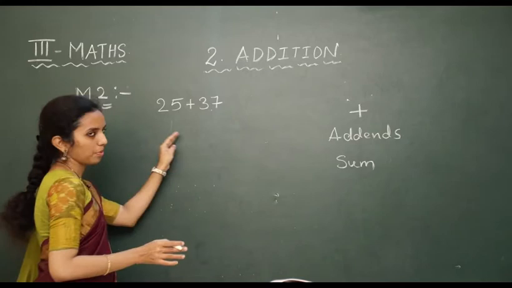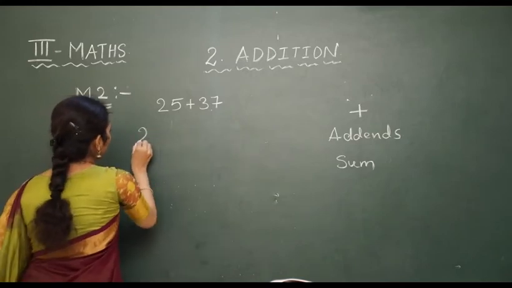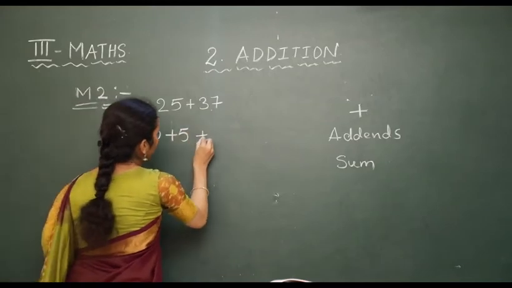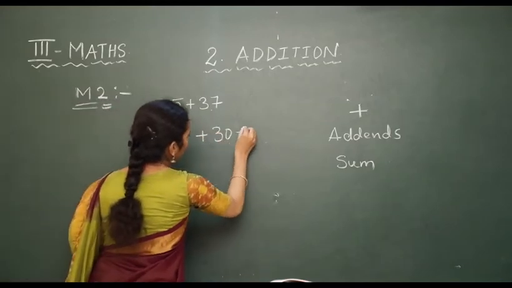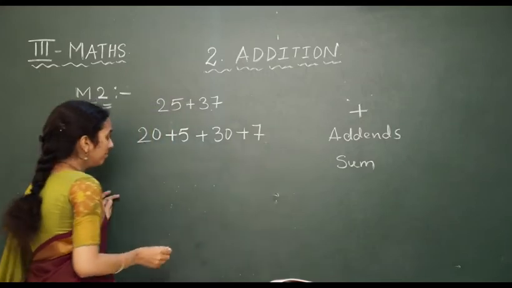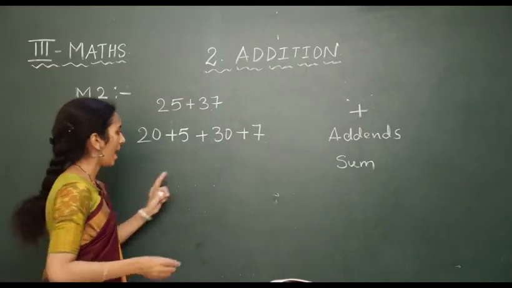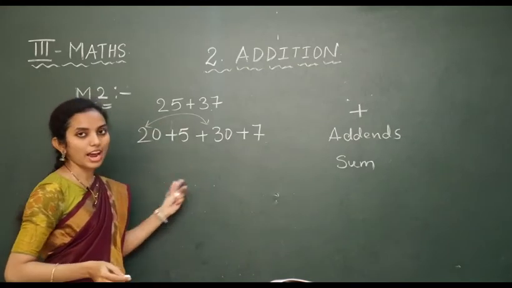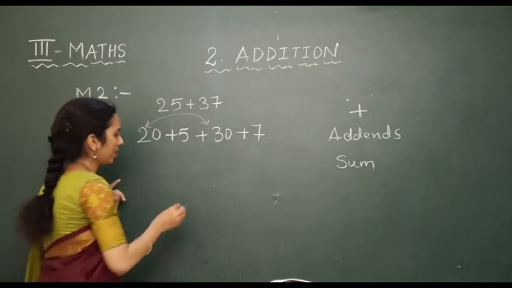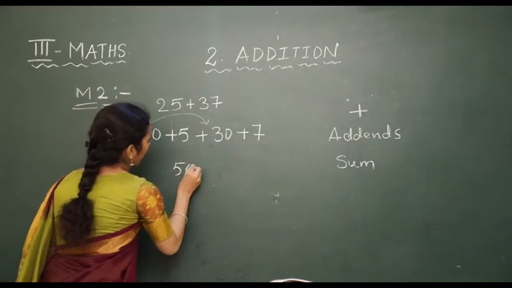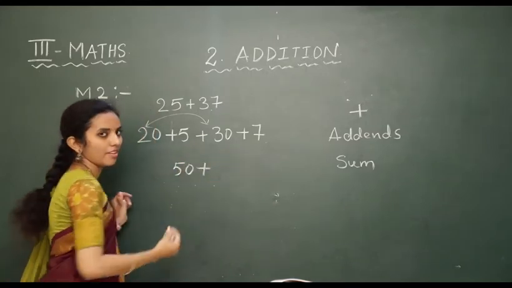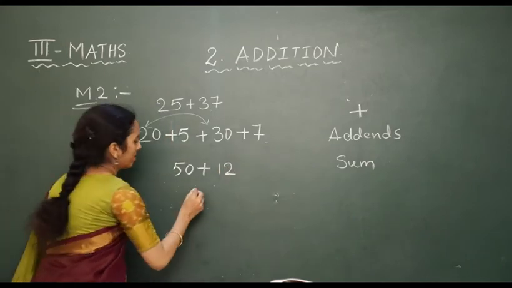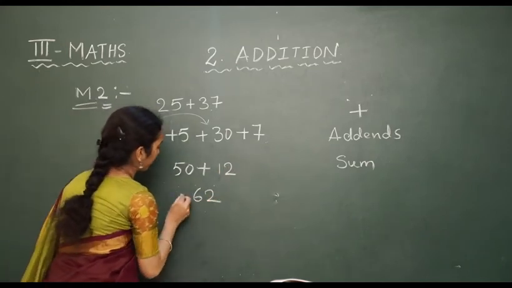Method 2 is splitting of two numbers, that is 20 plus 5 and 30 plus 7. Here we first add tens. 20 plus 30 is 50 and 5 plus 7 is 12. So together it is 62 again.